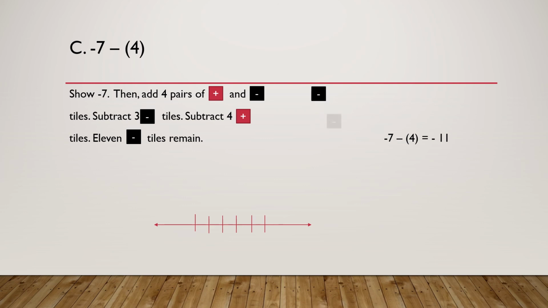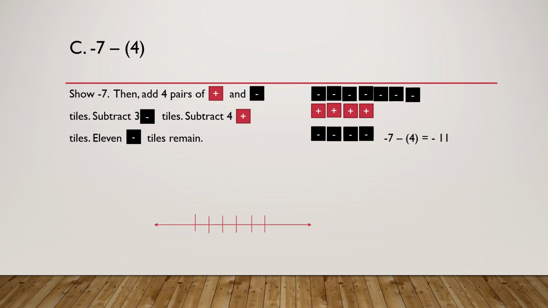So let's see that. 4, 5, 6, 7, and then add 4 positive, okay, so ito yung pairs, but we need to take away the 4 positive tiles.